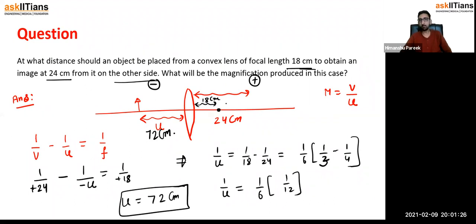If the object is kept between f and 2f, because f is at 18 and 2f is at 36, so the object is kept somewhere in between them. So if the object is kept somewhere in between them, now what should happen? The image will be formed like this. Okay, it looks like the enlarged image.